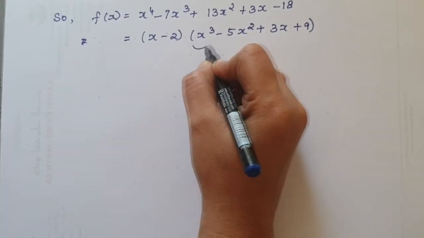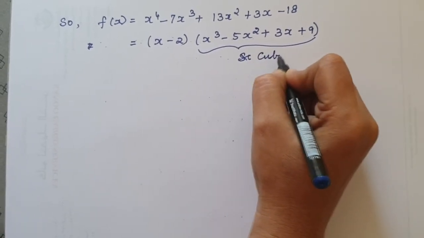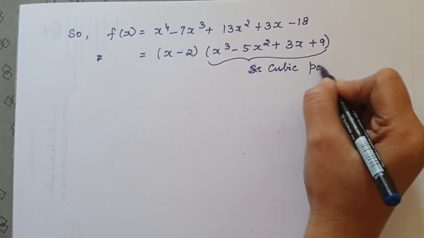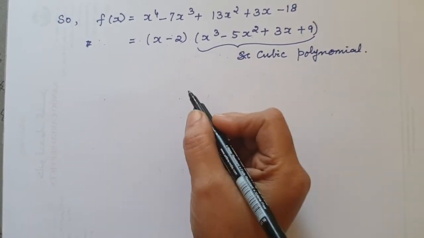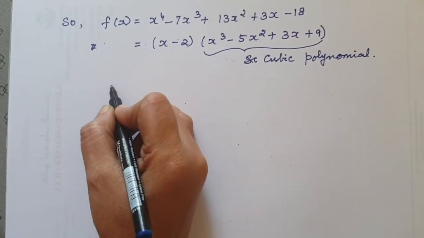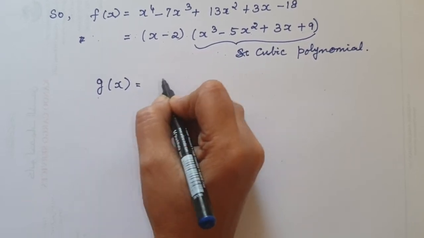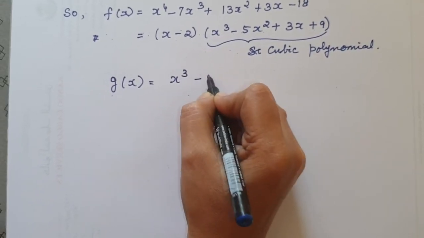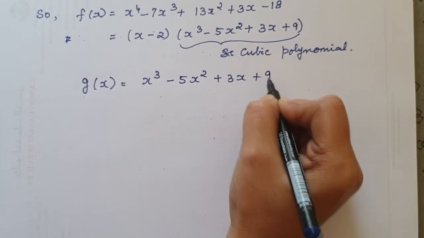So now this is a cubic polynomial. Again we have to do the long division for factorizing this. So let us take another expression g of x. g of x will be equal to x cube minus 5x squared plus 3x plus 9.